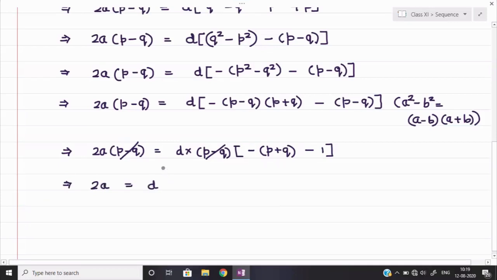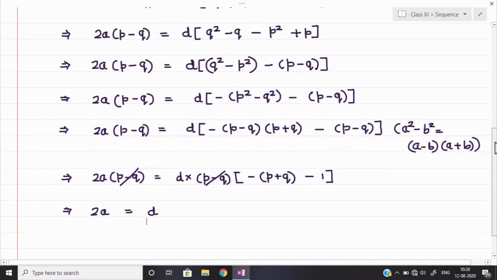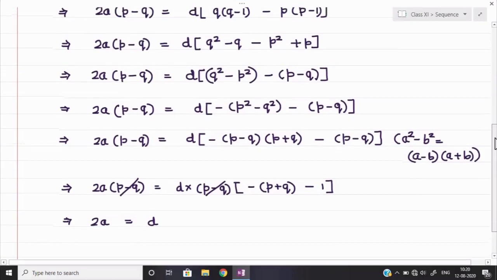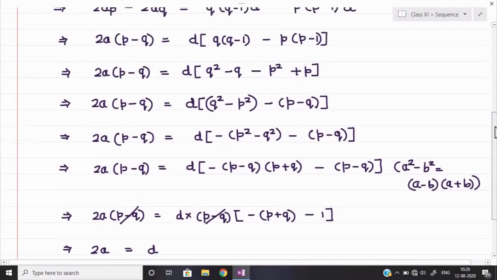Have we made any sign mistake? Once we can check; if any sign mistake is there, we need to rectify it. So q square minus q minus p square and then plus p. I think here we have made a sign mistake.